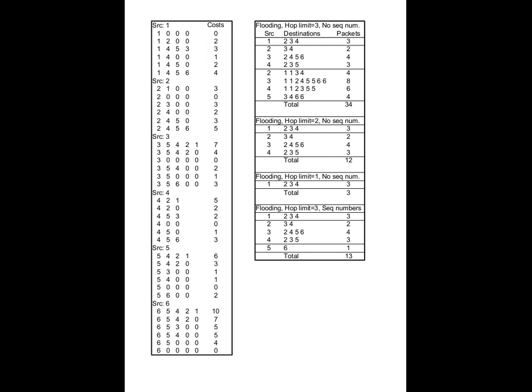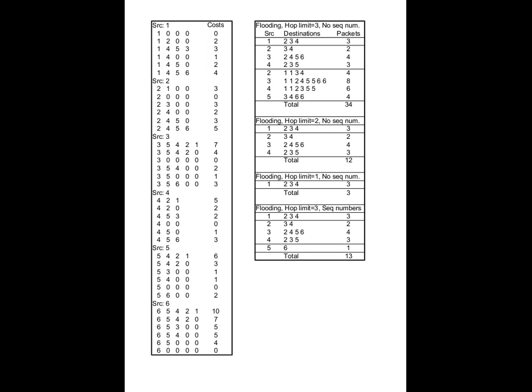So in fact, from node 6's perspective, there is no node 7 in the example network. From node 6's perspective, all it needs to know is that it has a link cost to node 5 of 4.